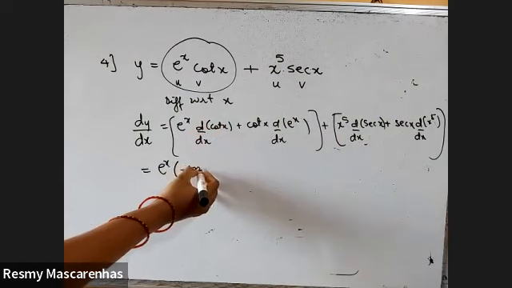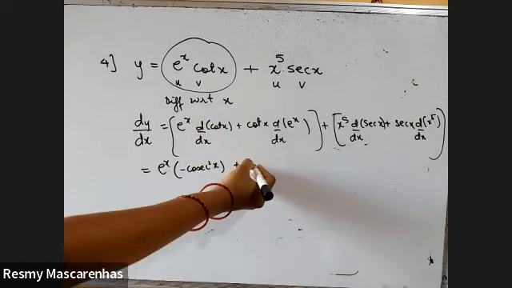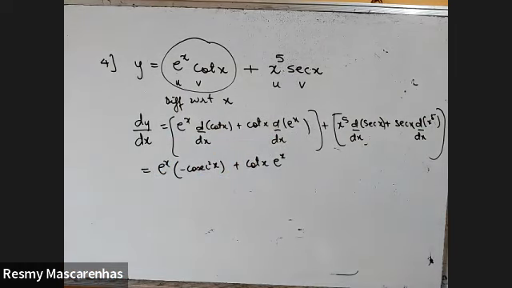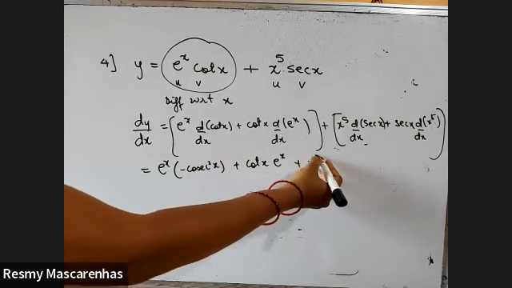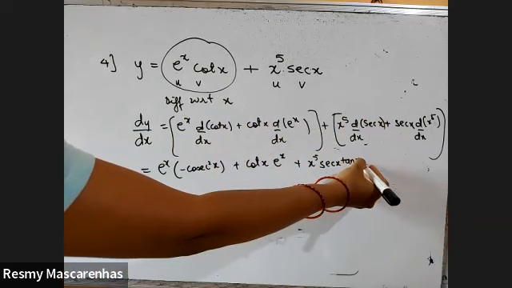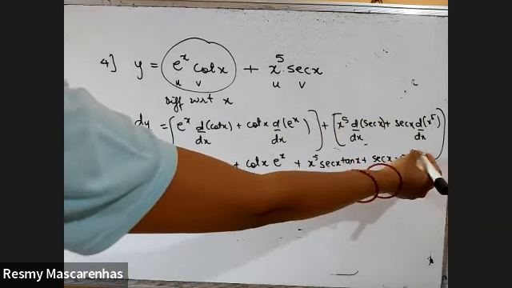The derivative of cot x is minus cosec squared x. Cot x as it is. The derivative of e raised to x is e raised to x only. The derivative of sec x is sec x tan x. And the derivative of x raised to 5 is 5x raised to 4.